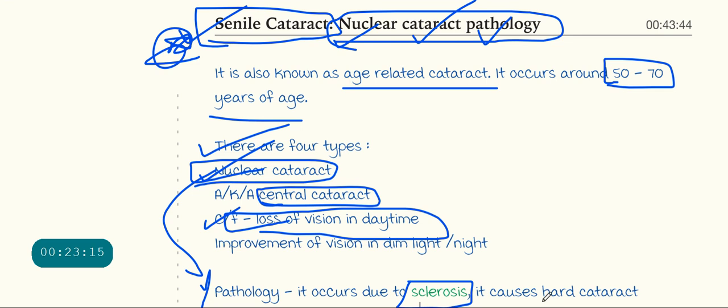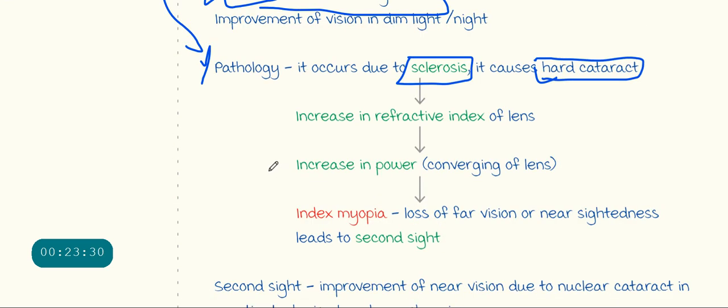Due to sclerosis there is hardening which leads to a hard cataract. So basically in nuclear cataract you will see hardening, so called as hard cataract, due to the deposition due to sclerosis.